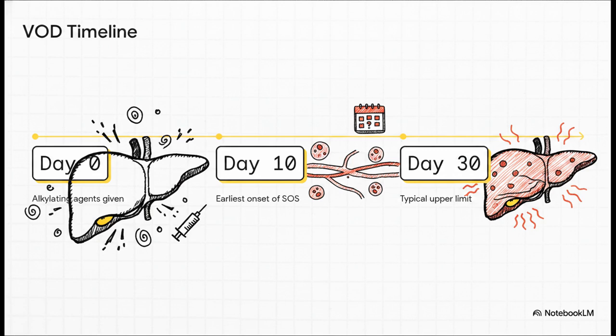This is strictly tied to a very specific toxic window. Day 0 is the administration of high-dose alkylating agents like cyclophosphamide for myeloablative chemotherapy or bone marrow transplant conditioning. Between day 10 and day 30 post-transplant, that is the classic window for this acute, painful liver swelling and ascites to manifest. Keep that rigid timeline in mind.